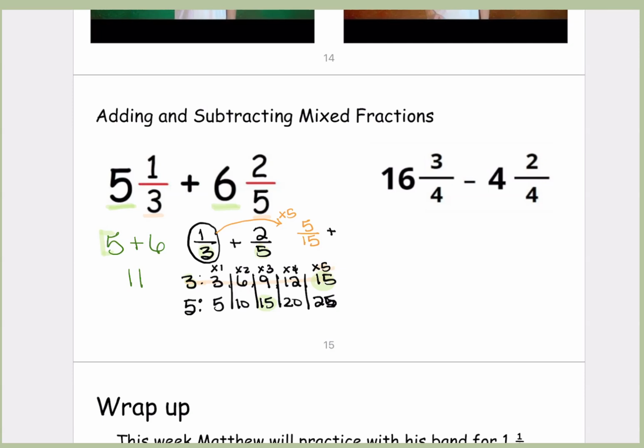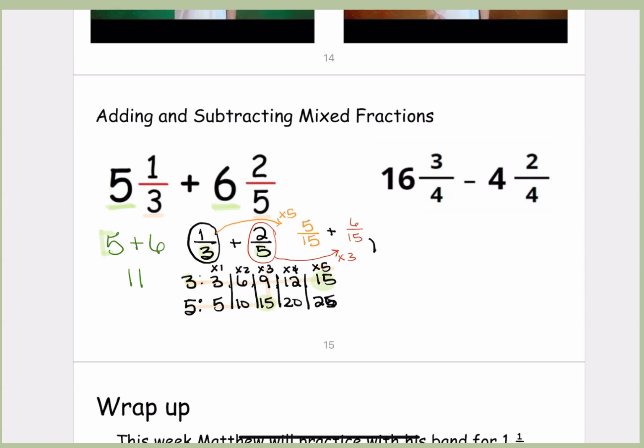So how do I convert that 2/5? I need to multiply that one by 3. So that means I'm going to take this entire fraction here and I'm going to multiply it by 3. So here I have 2 times 3, which is 6, and 5 times 3, which is 15.